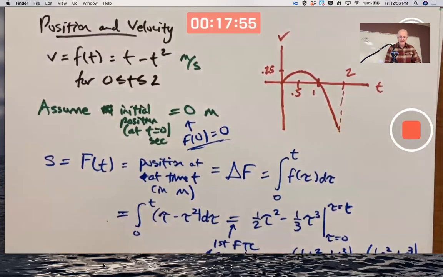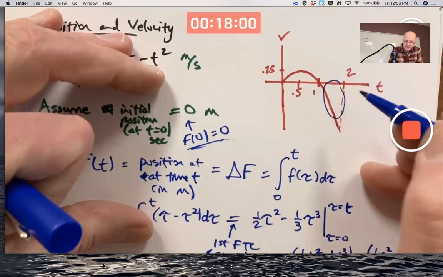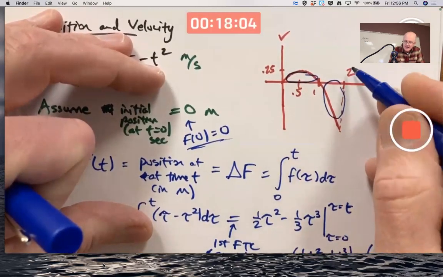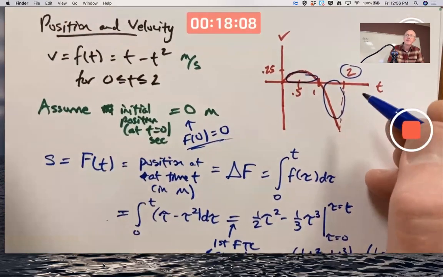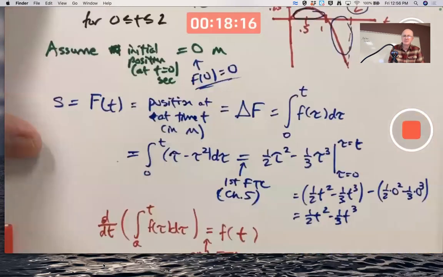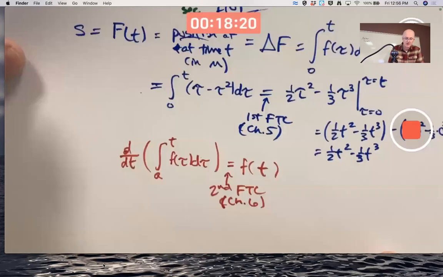And because this area right here is bigger than this area right here, in the end, by the time we get to time 2, the change in position will be negative. The dot will be below the axis. What will that change in position be, which is again the same as the actual position, since we're starting at the origin?